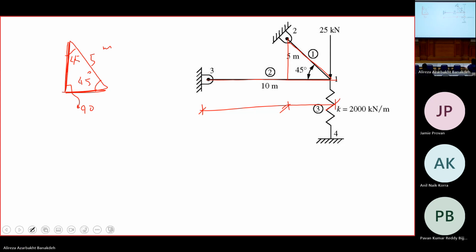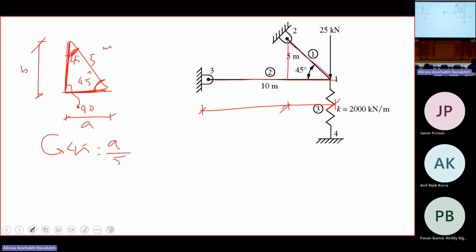Right? Because you can write the definition of sine or cosine for this 45. If you write cosine of 45, let's call it A and call it B. Cosine of this 45 is A divided by 5.